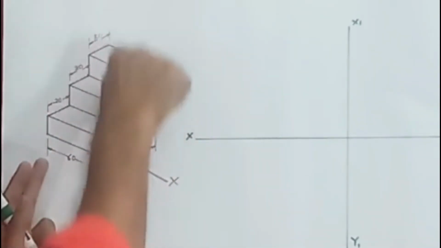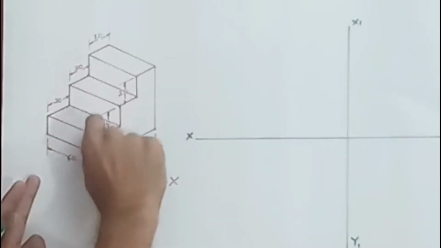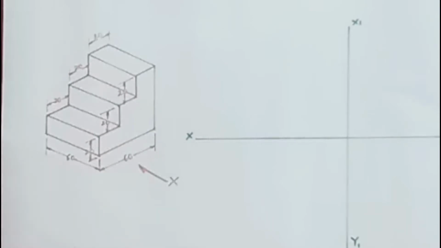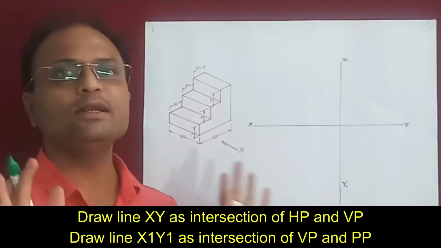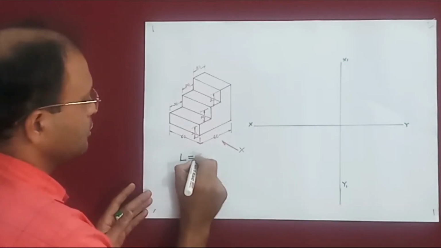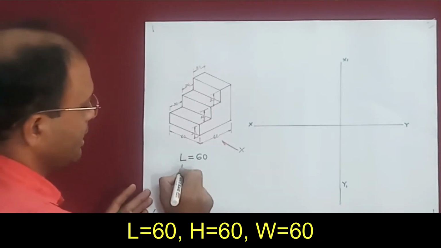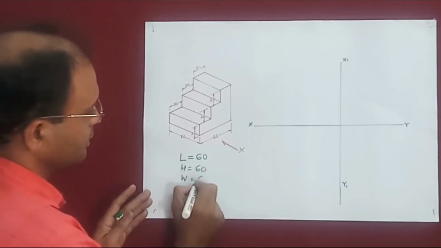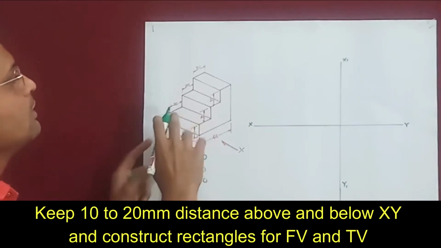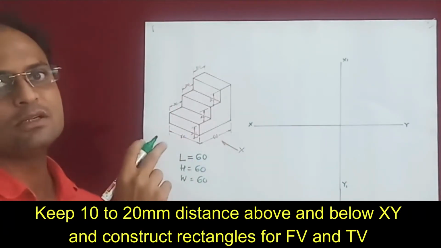And the total height will be 20 plus 20 plus 20, so that will also be 60. So the length is equal to 60 mm, the height is equal to 60 mm and the width is also equal to 60 mm. Okay, so the first step is to draw rectangles of given dimensions.